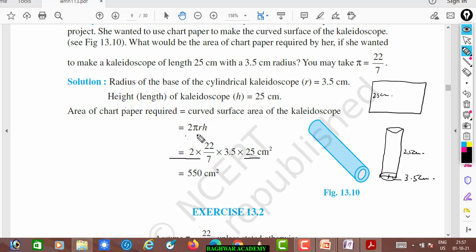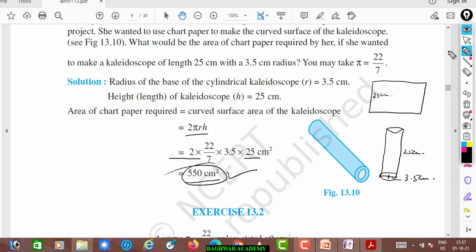That formula you know, 2 pi rh, 2 into 22/7 into 3.5 into 25 centimeter, where 25 is the height. If you calculate this, you will get 550 centimeter square, and this will be your answer. So this much chart paper is required to form a kaleidoscope having height 25 centimeter and radius 3.5 centimeter.